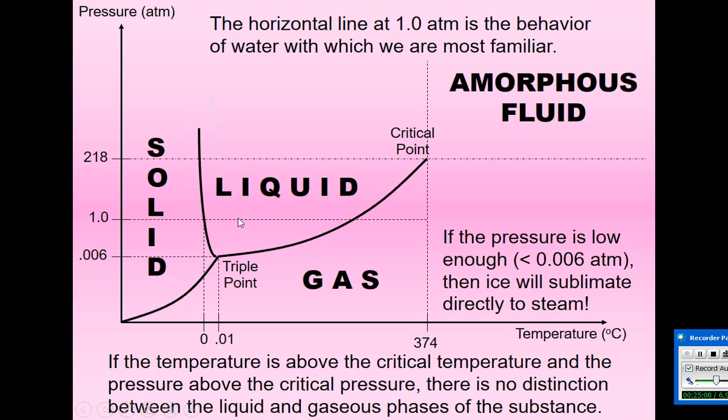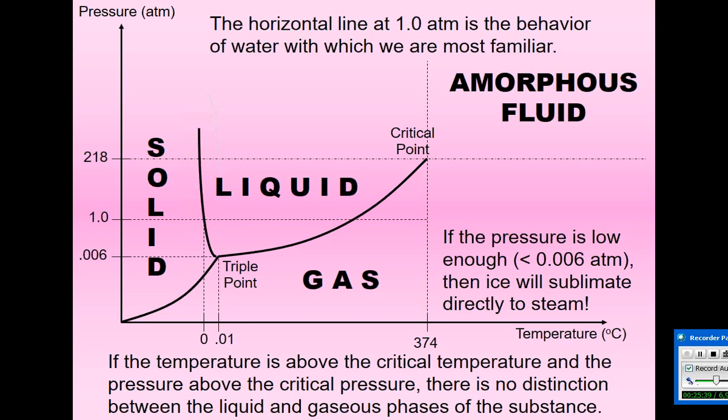As we continue along this horizontal line at 1 atmosphere to the right, it crosses another curve, which represents a boundary between liquid and gas. The point at which it crosses from liquid to gas corresponds to a temperature of 100 degrees Celsius, the boiling point of water.